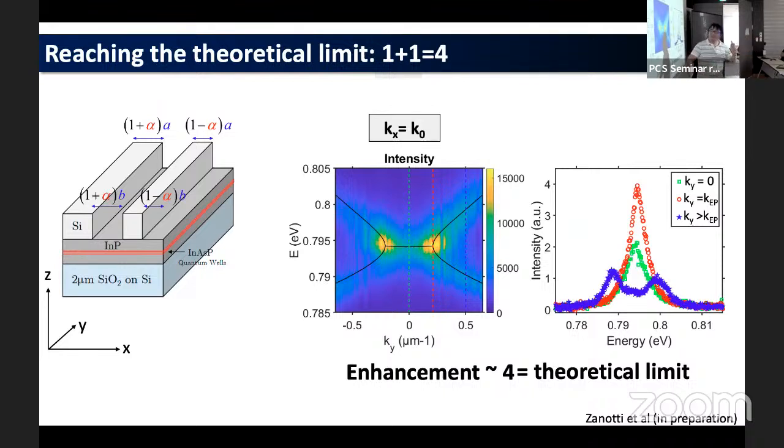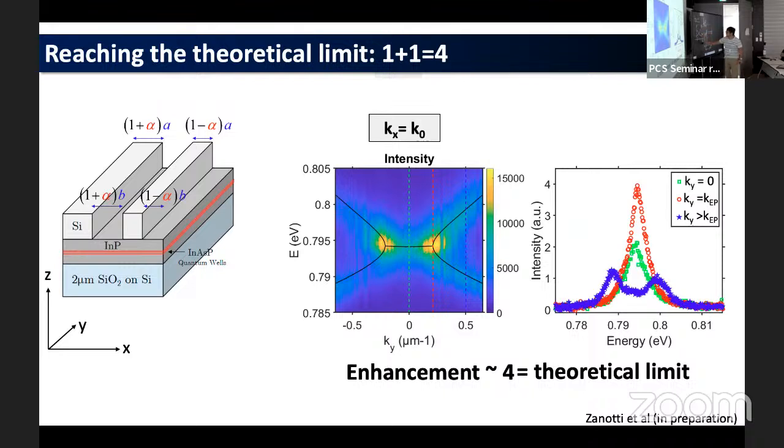So if I have KY equal to 0, there's no TE-TM coupling. But as soon as I have some non-zero KY, I can make the TE and TM coupling happen. So for example, for KY equal to 0, I have one TE mode, one TM mode.